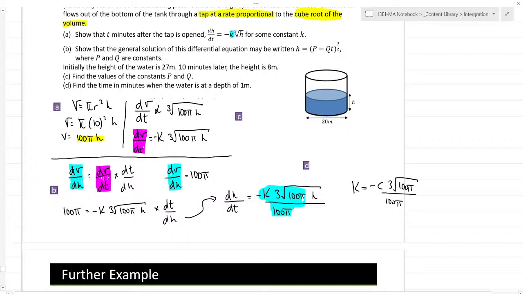Annoyingly. Is everybody alright with that? Yeah? Ish. So all I'm saying here is this is the equation that I wanted, and it's saying what is the value of k? The value of k is all of the part here, which is all my constants, some constant times the cube root of 100 pi, all over 100 pi. So this k in front of this is this part here. I've just changed the constant to c. Does that make sense? Thumbs up, thumbs down for that. Okay, it is messy.